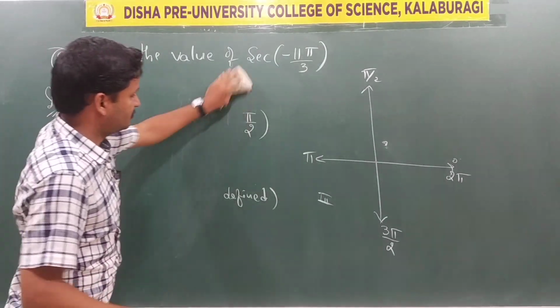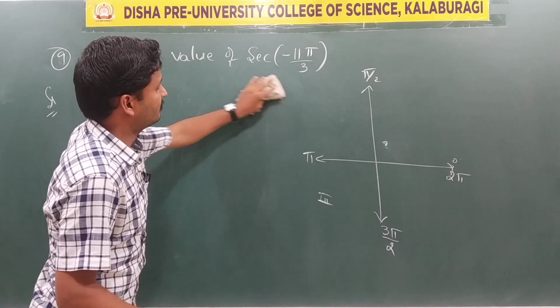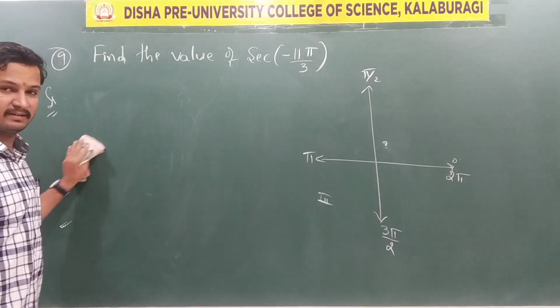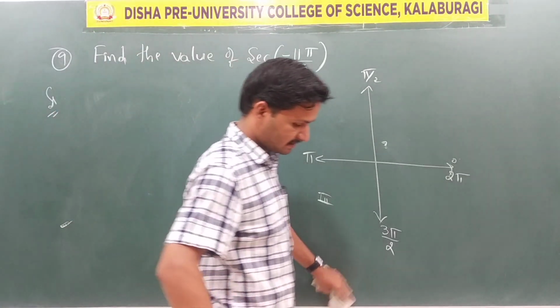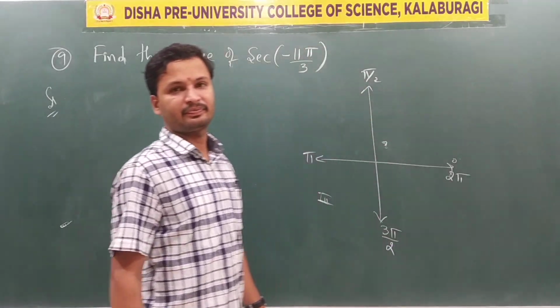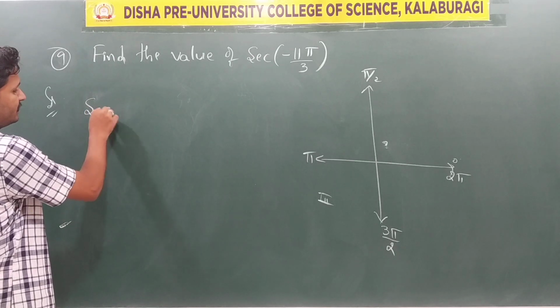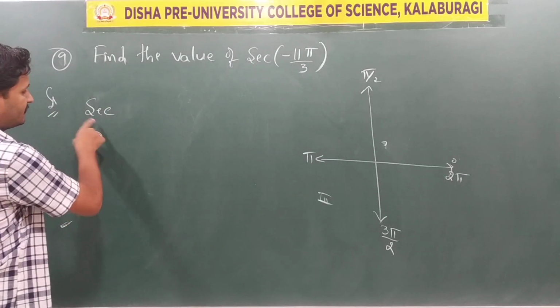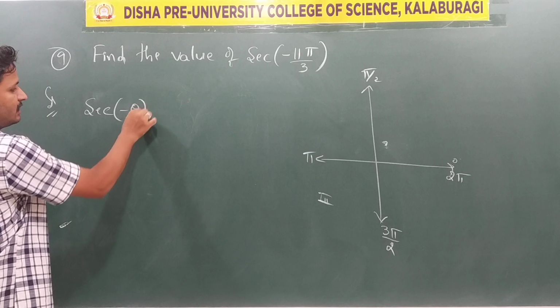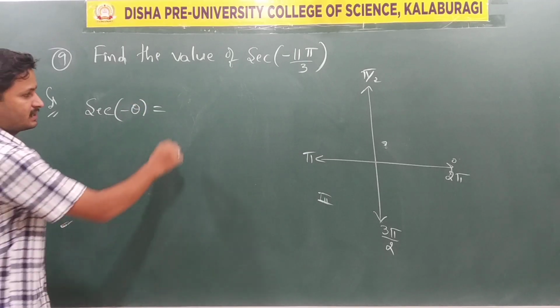How do we do it? Secant of a negative angle is there, which means the rotation is in the clockwise direction. So first convert into a positive angle. Secant of minus theta, the result is plus secant theta. Correct?